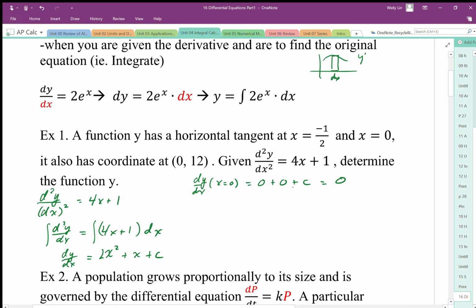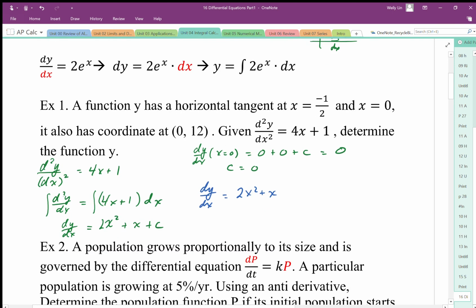Okay, so our slope is equal to 0, so we get c equals 0. So now we have our first change in y, our first derivative. So we have dy/dx equals 2x squared plus x.